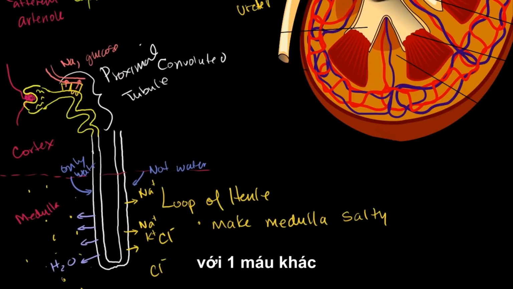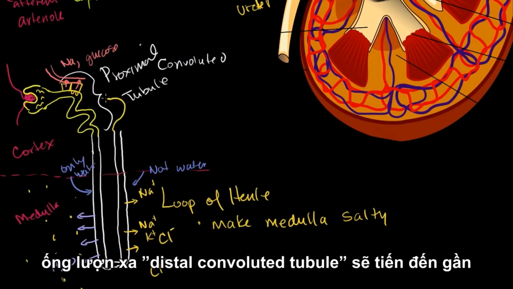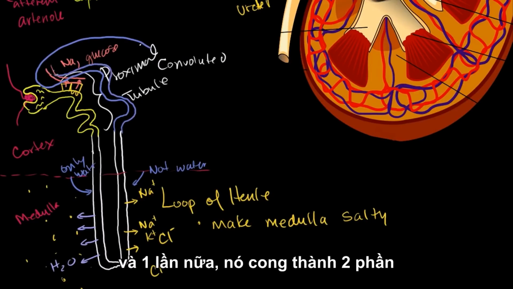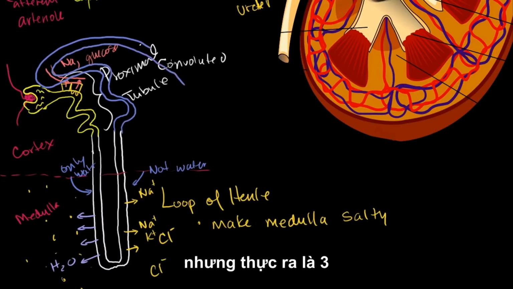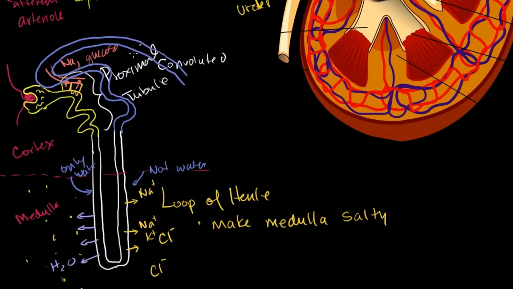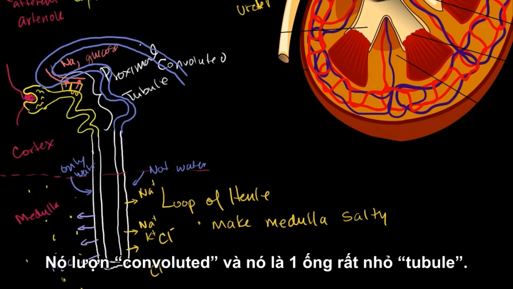So let me do it in a different color. The distal convoluted tubule actually goes pretty close to the Bowman's capsule. And once again, I've made it all convoluted in 2 dimensions, but it's actually convoluted in 3. And it's not that long, but I just had to get over to that point right there. It's called distal. Distal is further away. It's convoluted, and it's a tubule.